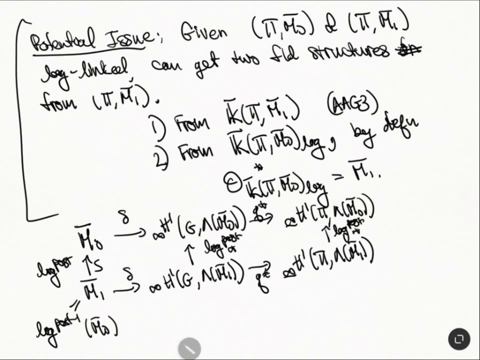Finally, for both of these, we have two synchronization maps. We have this map here, sync, the push forward of the two synchronization maps. And so this whole diagram commutes.